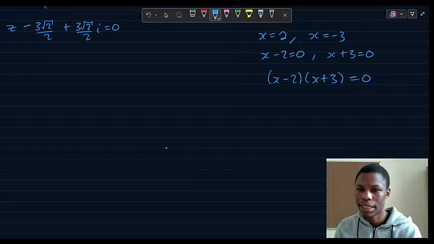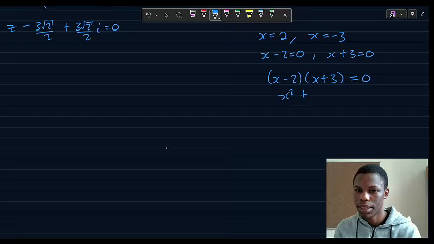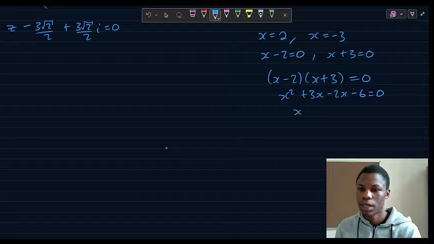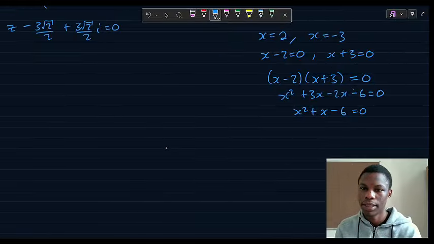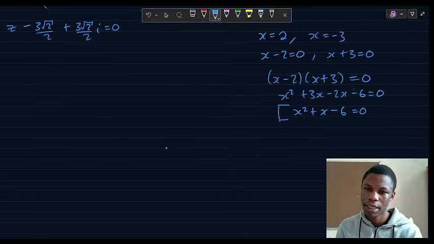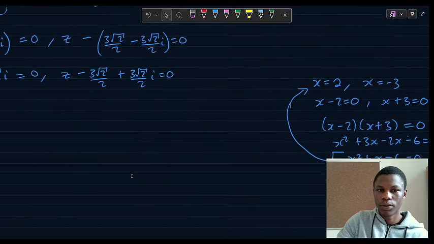And now you can just expand, so x times x is x squared, x times 3 is 3x, minus the 2x there, and then minus 2 times 3, that's negative 6, is equal to 0. x squared plus x minus 6 is 0. So this here is the quadratic that produced these roots. So that's the idea we want to use here.